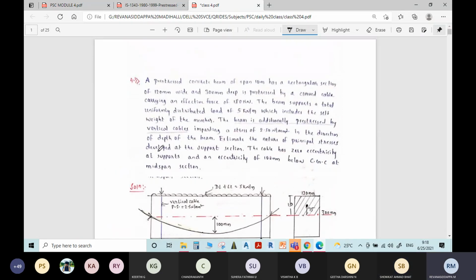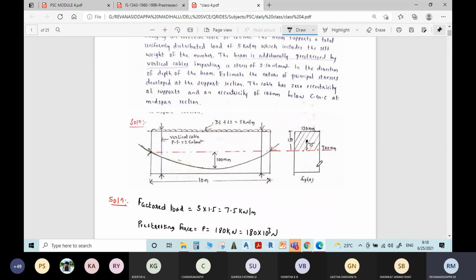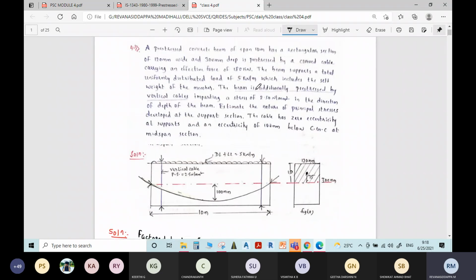Okay. See, the beam dimensions are given. The beam has 10 meter span and cross section 120 by 300. The beam is loaded by a UDL of 5 kilonewton per meter. That is also mentioned. The beam is additionally pre-stressed by vertical cables imparting a stress of 2.5 Newton per mm square.